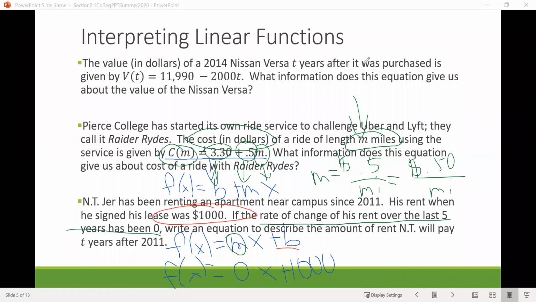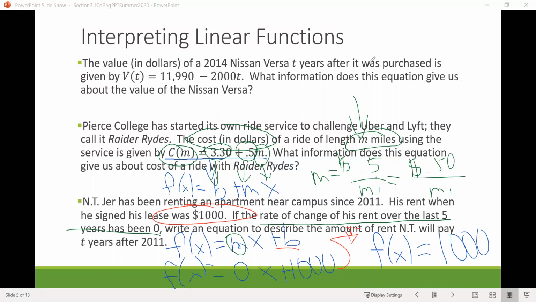But note, f of x equals 0 times x plus 1,000. What is 0 times x? Well, that's 0, plus 1,000 is just 1,000. So we end up with the equation to describe NT's rent: f of x equals 1,000. What kind of a function is that?